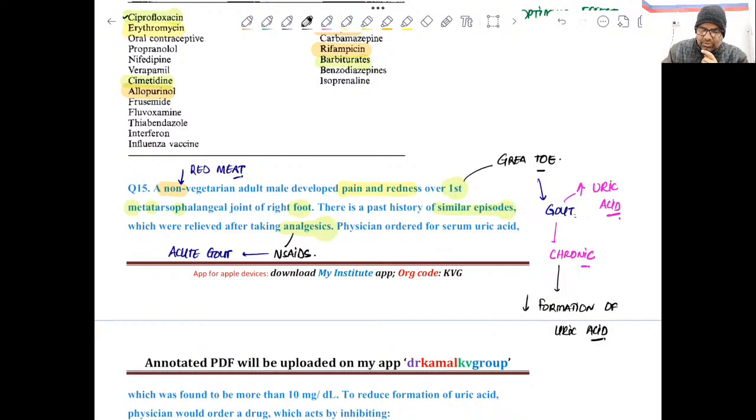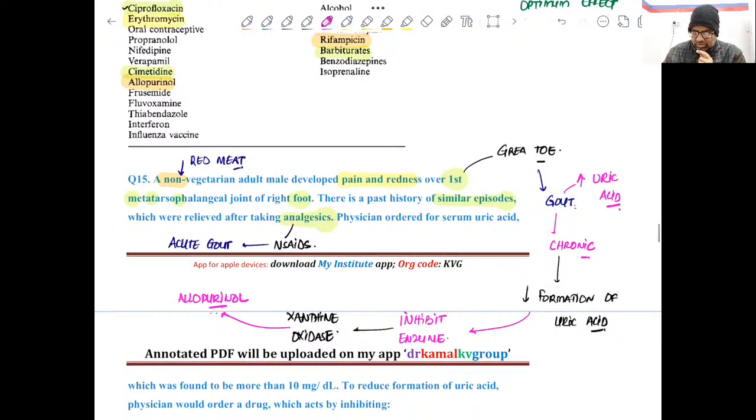So we will try to reduce the formation of uric acid, and therefore we will have to inhibit some enzyme in the pathway of formation of uric acid, and that enzyme is nothing except xanthine oxidase. I think most of you must know that xanthine oxidase is inhibited by allopurinol, which is the drug of choice in chronic gout, right?